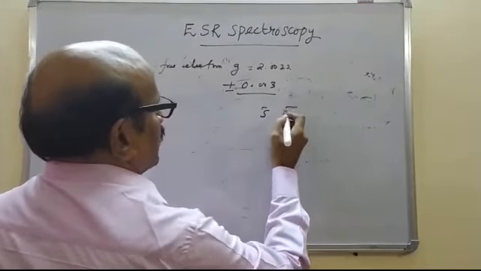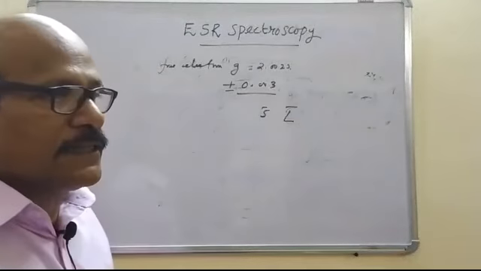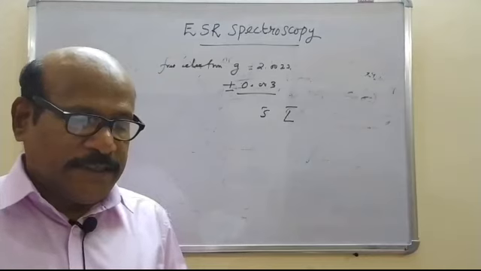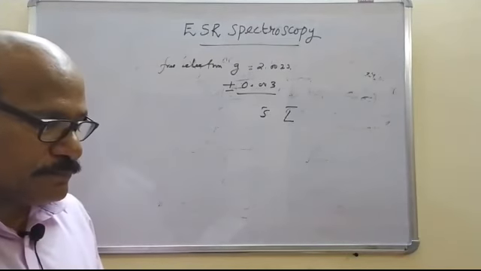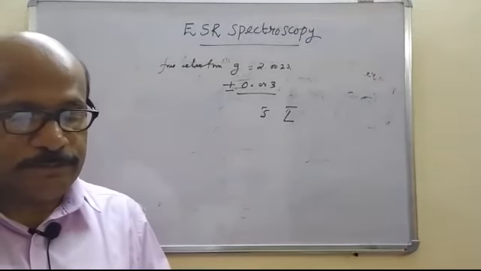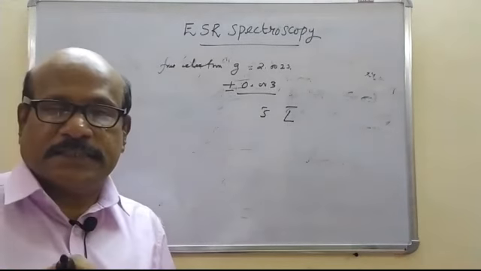Okay, as a result of S and L coupling, or spin-orbit coupling interaction, there occurs a considerable difference in the electron present in such a system.